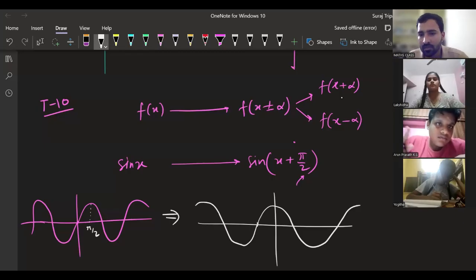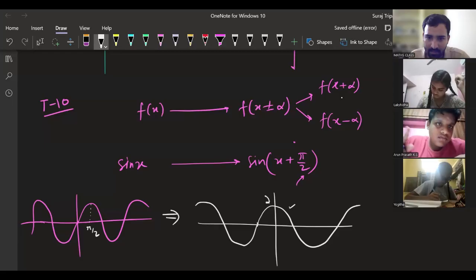Previously this point was here, at this place. So we have shifted the entire graph towards the left side by pi by 2. This is the new graph.